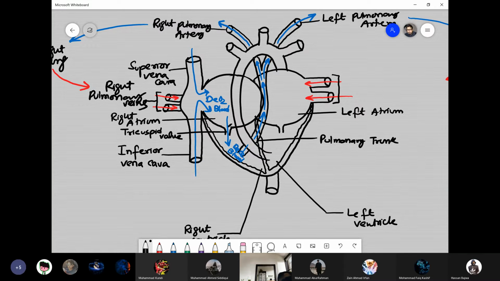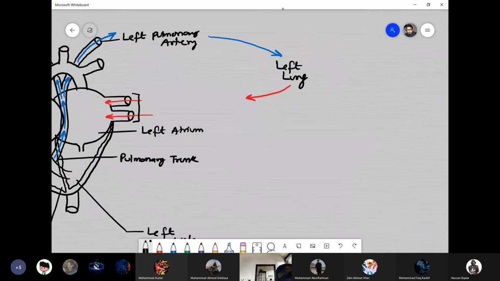So these two are right pulmonary veins and these two are left pulmonary veins.